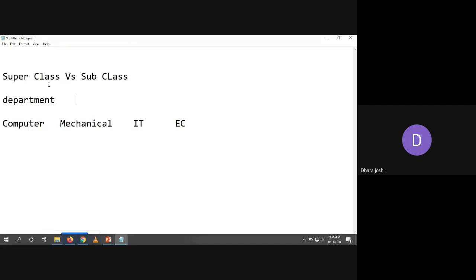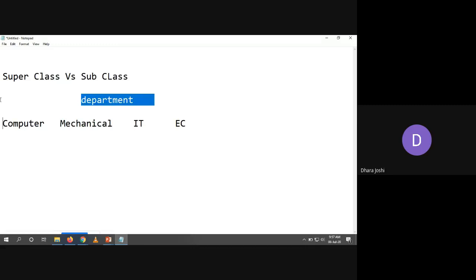If you have a superclass divided into subclasses, then the subclasses inherit some of the characteristics of their superclass. If department has a club, then each of these departments has clubs.